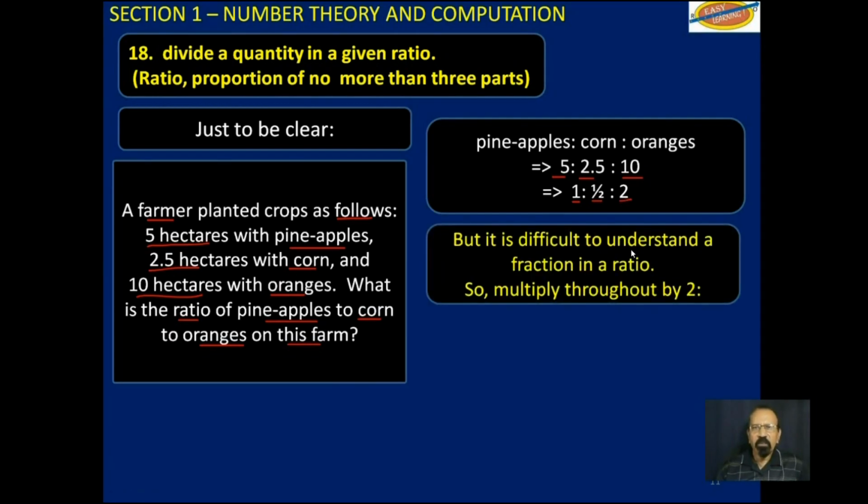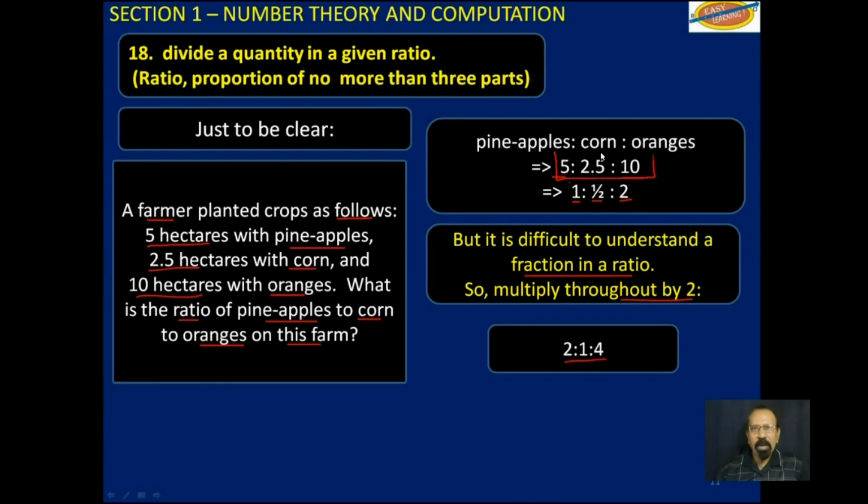But it is difficult to understand a fraction in a ratio. So if we multiply throughout by 2, we will get 2 to 1 to 4. Or alternatively, you could have divided each of these by 2.5, and you will still end up with 2 to 1 to 4. That is the ratio of pineapples to corn to oranges.